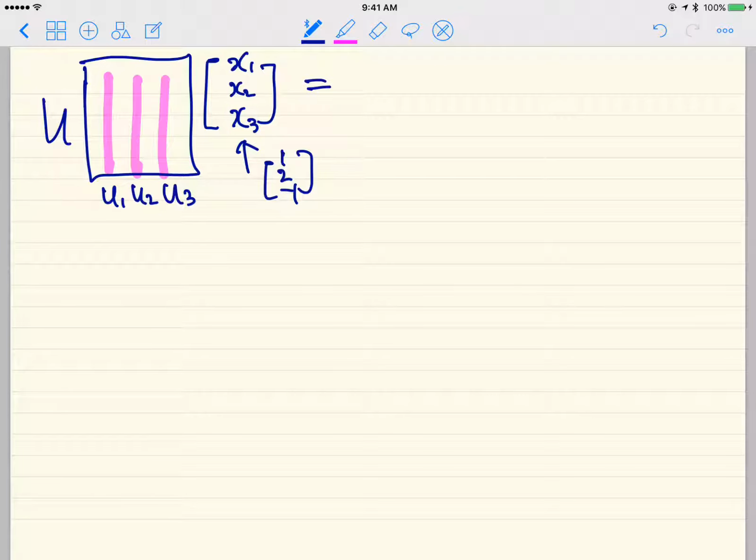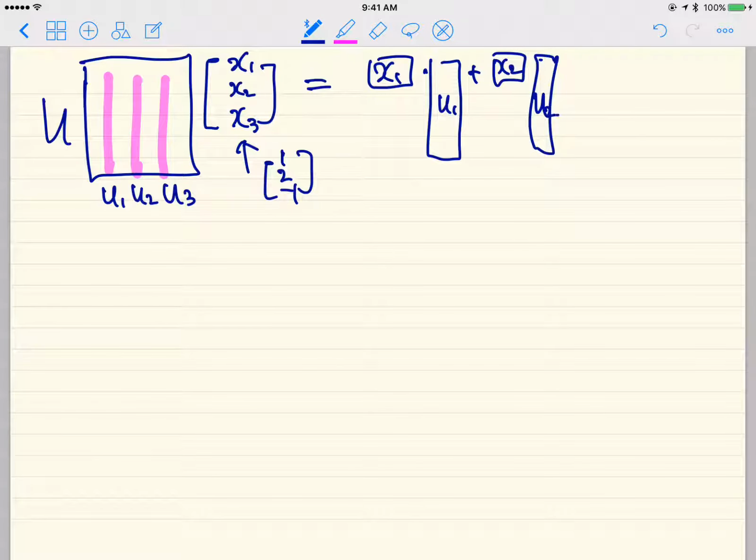In this case, you know that this is a linear combination of the three vectors.